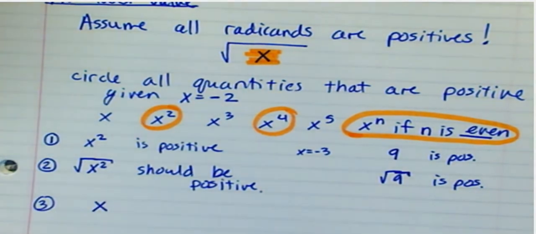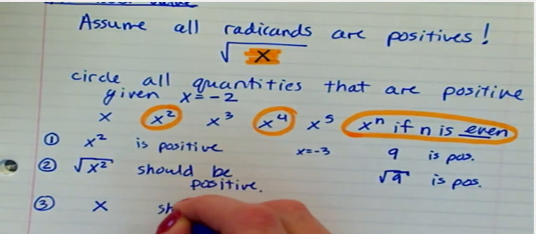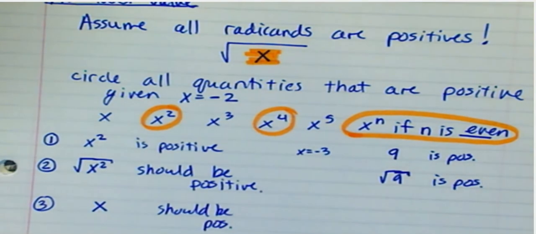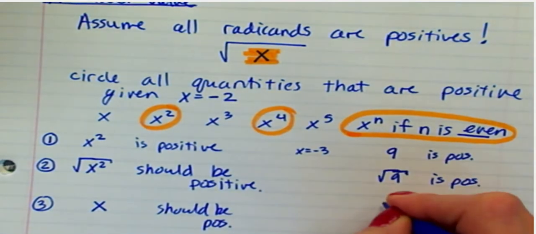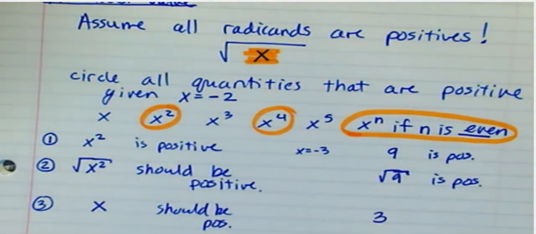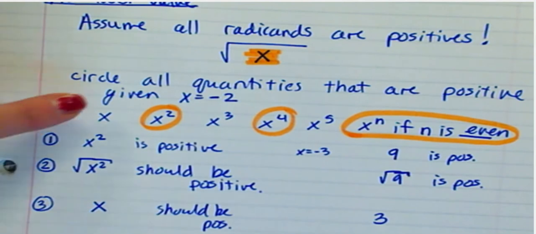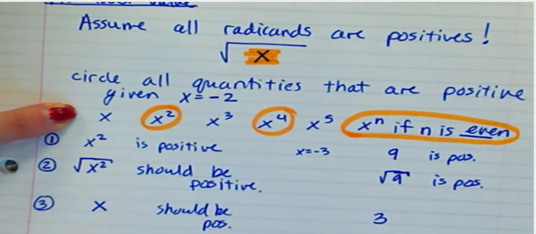Well, it makes sense that you say root x squared is x. But based on our work, the square root of 9 is 3. But if we look up here, x is not circled.